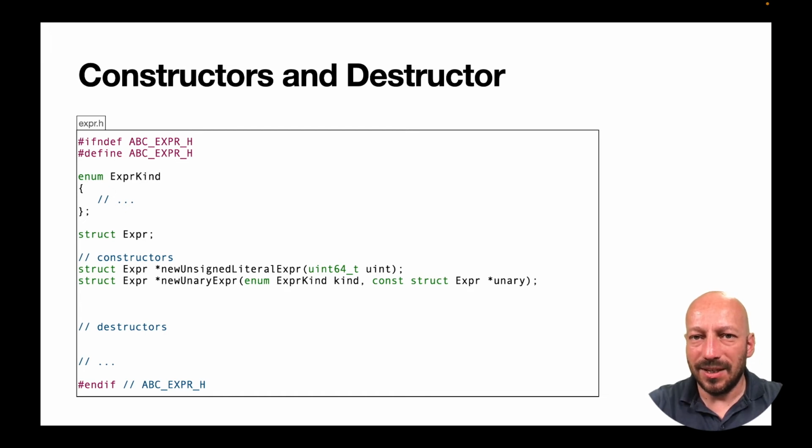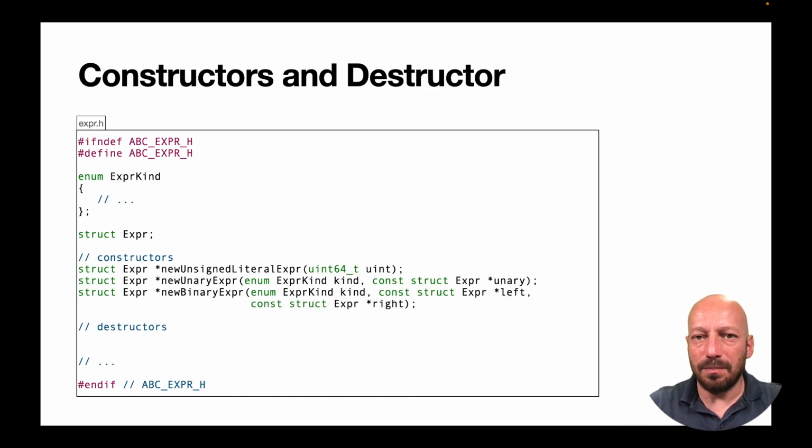And if this check was successful, this constructor will also try to allocate memory, of course, initialize this data structure and returns a pointer. And also the third constructor is basically doing the same for binary expression nodes. Then we also should declare a destructor for releasing memory, because only we know the details of this data structure. That means only we know how to release the memory.